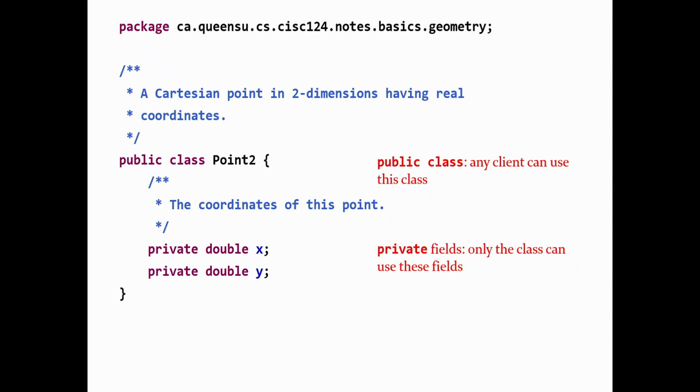Any other class does not have direct access to x and y. So if you give another class a reference to a Point2 object p, that other class is not allowed to write p.x equals something or p.y equals something. They cannot access the fields directly. So with private, only the class and other Point2 objects can access x and y by name.